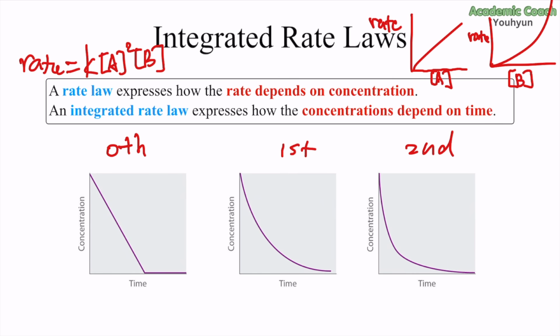So let's say you have performed an experiment using a specific concentration of reactants and you measured how the concentration changes over time. I want to know how I can immediately determine the reaction order without performing a second or third experiment. Then we are going to convert this concentration versus time graph into something else.